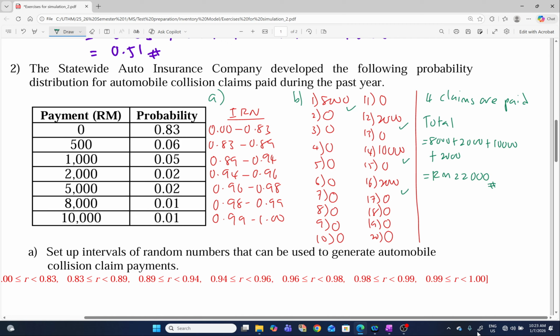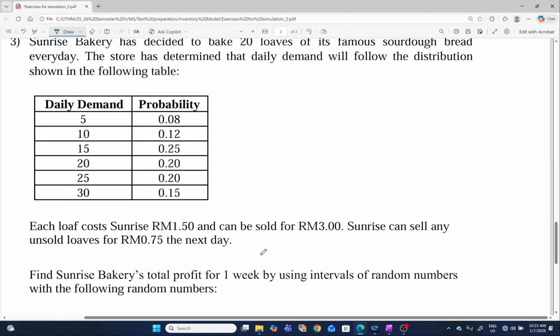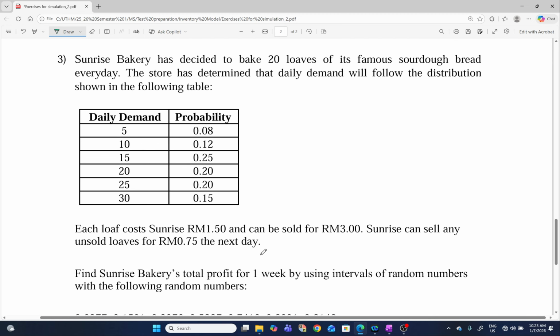Okay, all right. Last one, number 3. Write the interval of random numbers.